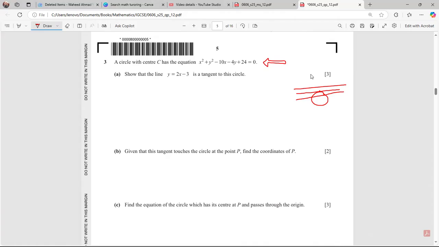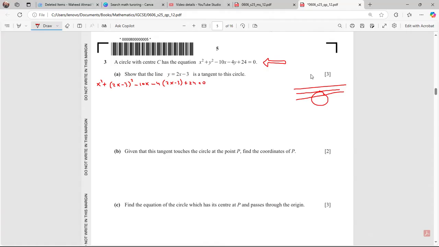So I will substitute this equation into the equation of the circle. So I have x squared plus y squared written as (2x minus 3) squared, and then minus 10x, and minus 4y, again y is 2x minus 3, and plus 24 equals 0.